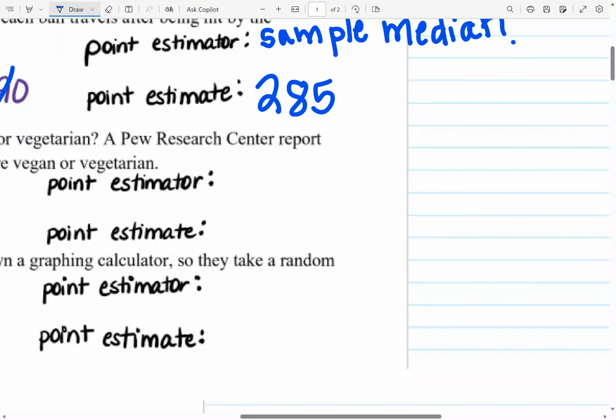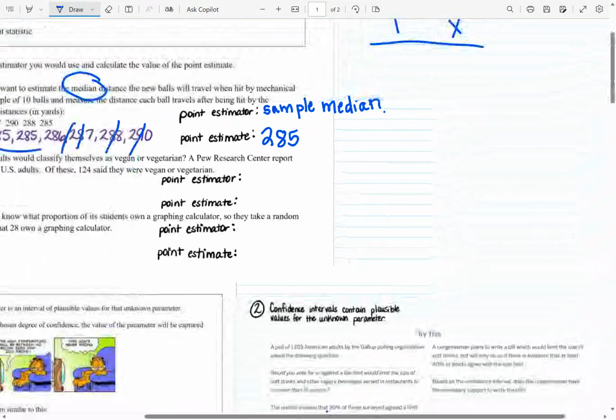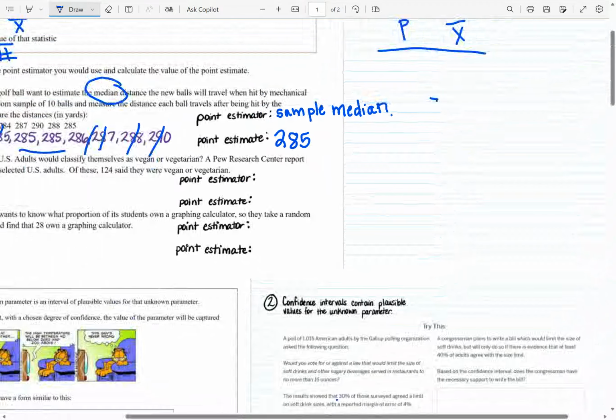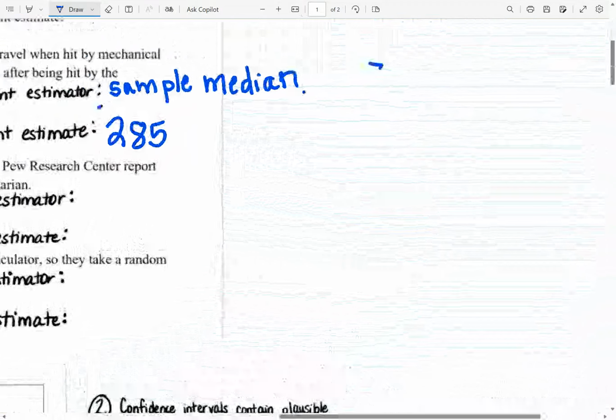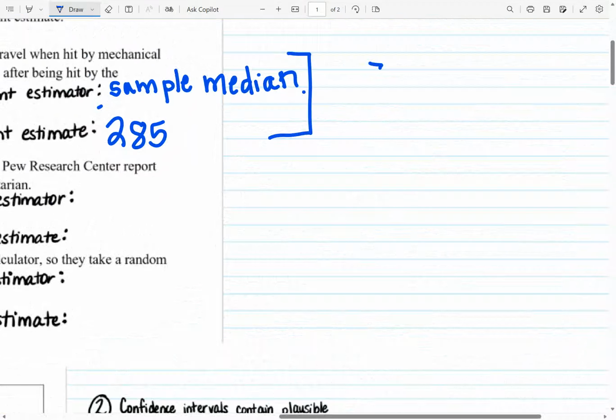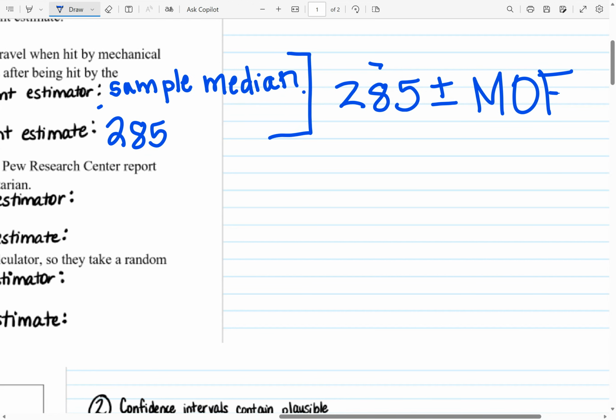So if I were to use this number to make a confidence interval, then I would estimate the population median to be 285 plus or minus whatever I calculate my margin of error to be. I'm going to abbreviate it MOE for margin of error, which will take a little bit more for us to calculate, so we'll get into that later.